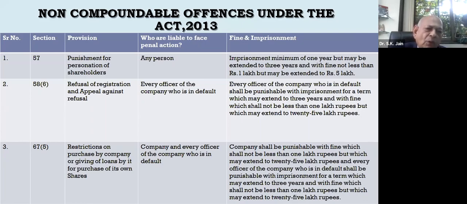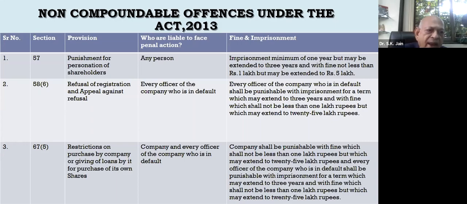In many cases, lok adalats are held, so it can then be settled. Supposing the ROC has filed some compoundable case which has not been compounded by the concerned person, then the prosecution case has been filed, and the court may refer these cases for mediation and conciliation.